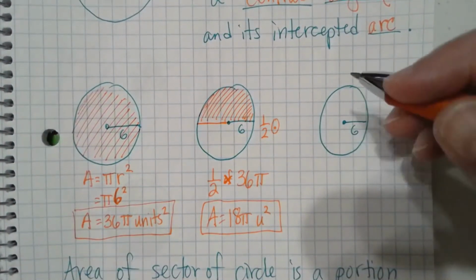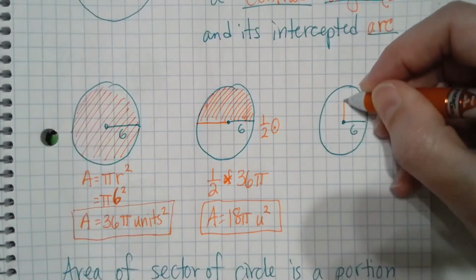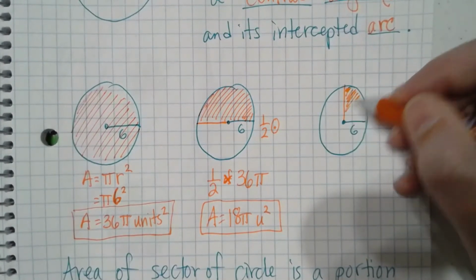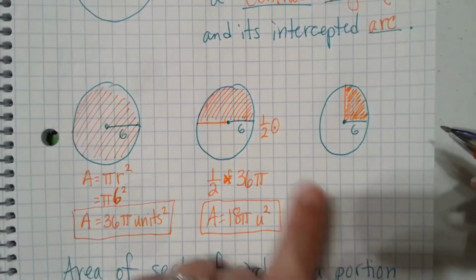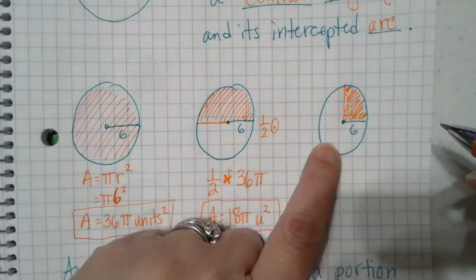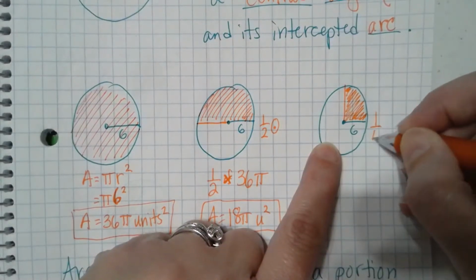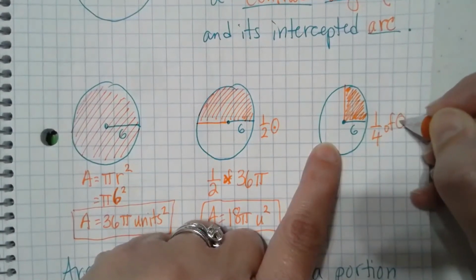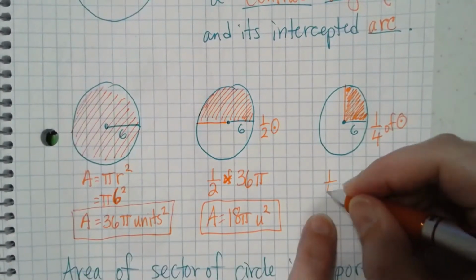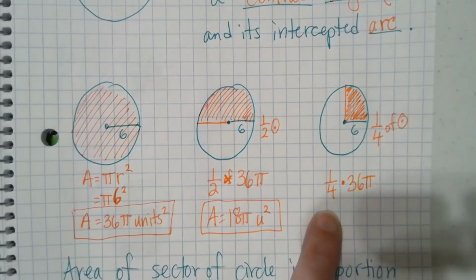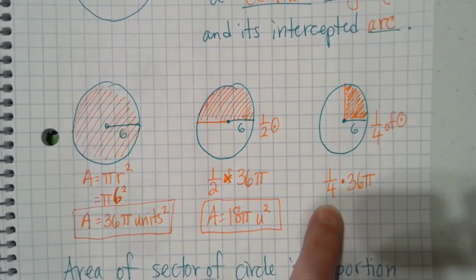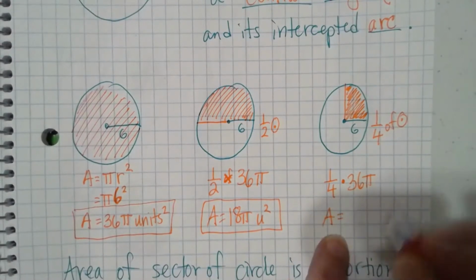So now I only have 18 pi shaded as opposed to the whole thing, 36 pi. Okay? Well, what if we didn't want to shade even that much? What if we stopped right here and we just shaded this little bit? How much of the circle is that? If this is half, this is what fraction? This is 1/4 of our circle. So 1/4 of means multiply, 36 pi, the whole area of the circle. 1/4 of 36, or if you took 36 and divided it into 4 equal pieces, each of those pieces would be 9.